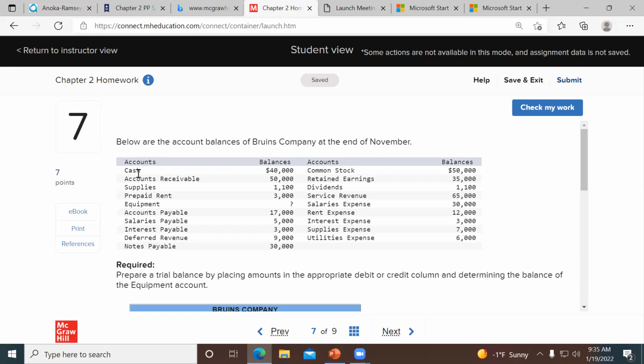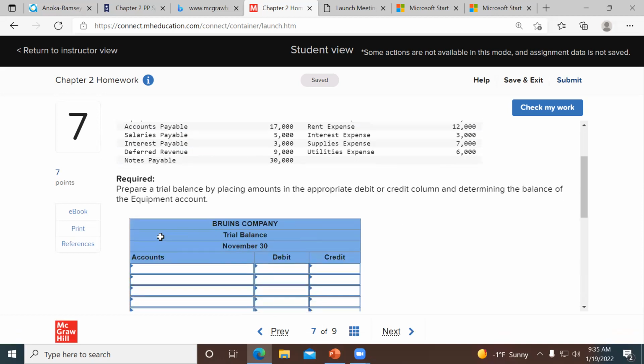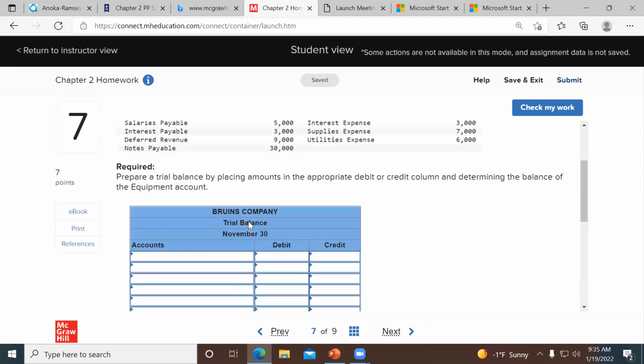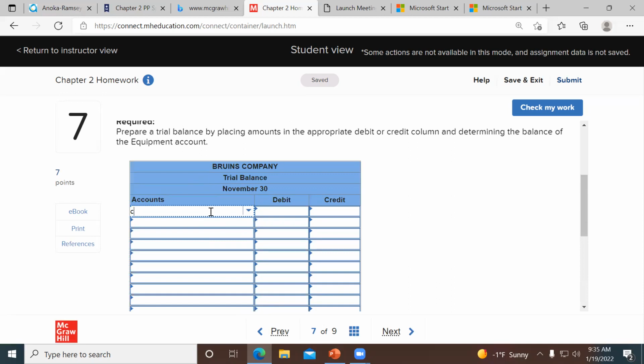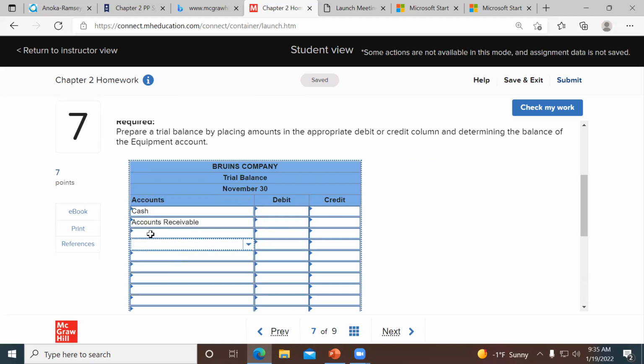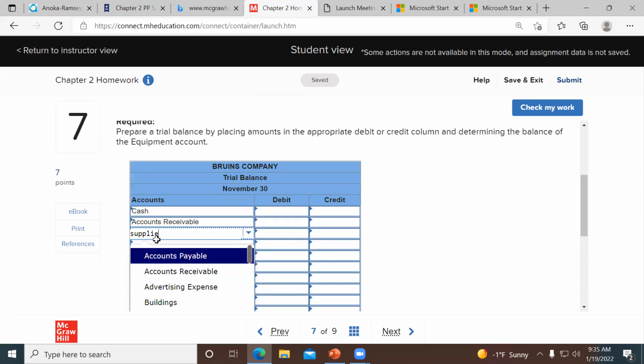So then what we will do is we start with cash, accounts receivable, supplies.